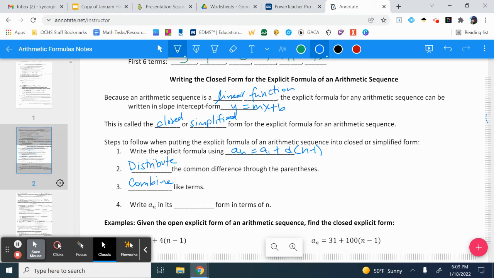And then write a sub n in its linear form in terms of n. So instead of y equals mx plus b, we will use y equals, in this case, dn plus b, where d is my common difference and n is the term value. Truly what we're doing is just replacing the x with an n.